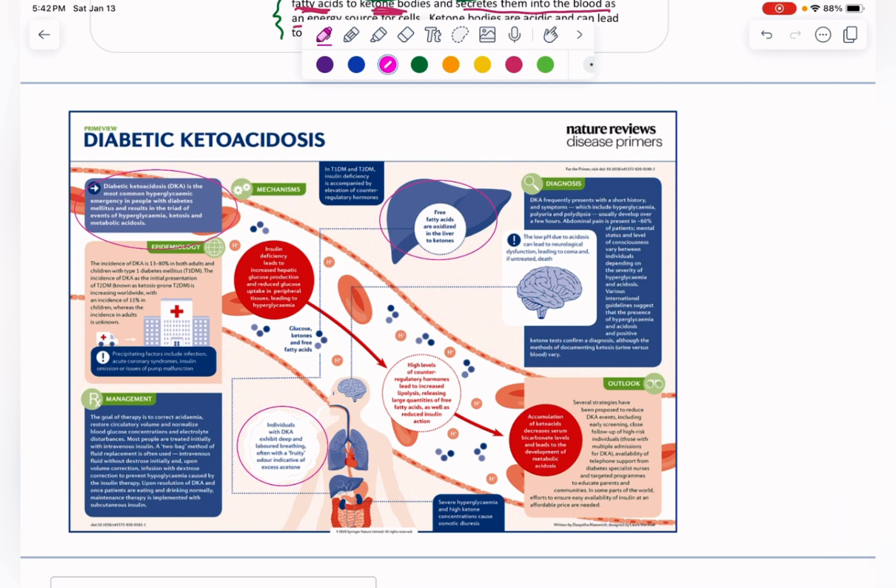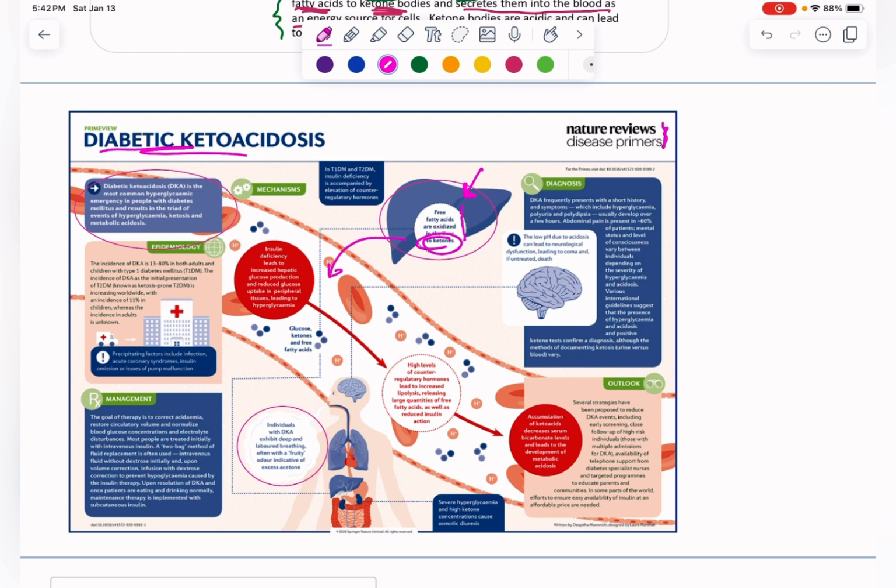Here's a diagram explaining diabetic ketoacidosis that was published in Nature Reviews, and I'm not going to go through all of this here, but basically what happens is that, like I mentioned earlier, when glucose is unavailable to the cells, the liver is going to take these free fatty acids, convert them to ketones, and those ketones are going to go into the blood.